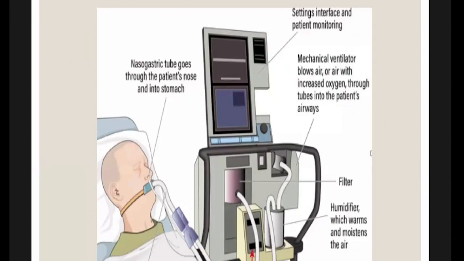Okay, so this is a kind of a setup of the ventilator. Right, give me 1 second. So what are the components that you can see on this ventilator? What are the components that you all can see?